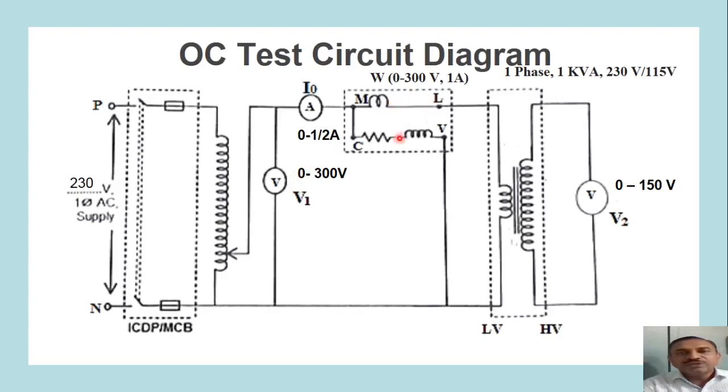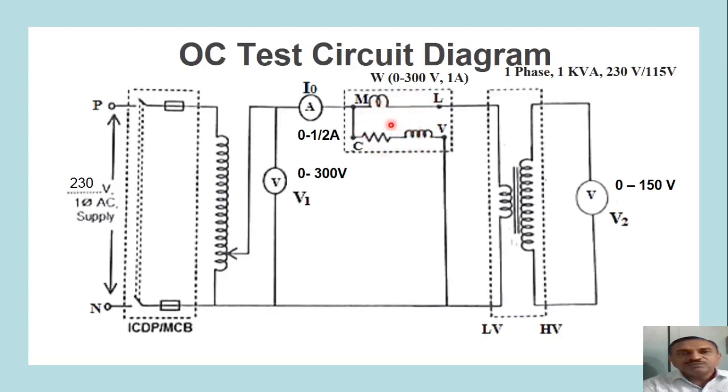Wattmeter reading once we take, we should first check the multiplying factor of the wattmeter, as multiplying factor will be there on the meter itself, or we can also calculate it as multiplying factor is equal to voltage range into current range into power factor divided by the FSD, that is the full scale deflection of this particular wattmeter.